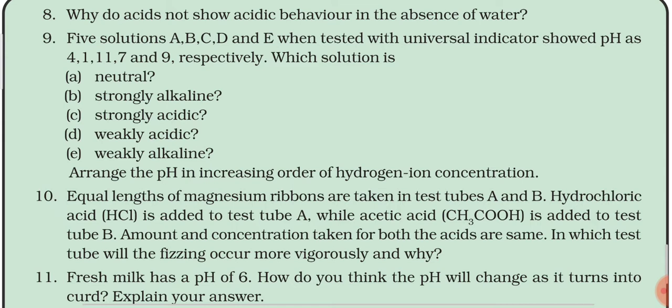Now the next part of this question says, arrange the pH in increasing order of hydrogen ion concentration. As I have told you, you will find a relation between pH value and hydrogen ion concentration in one diagram in your book. Apart from that, as we discussed, if hydrogen ion concentration is more, then the pH value is lower.